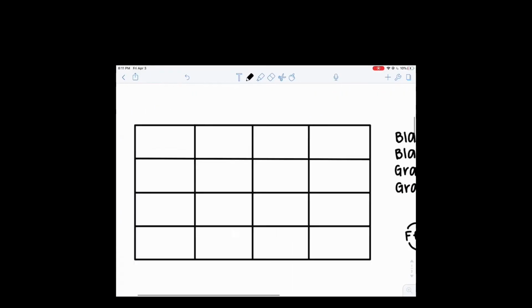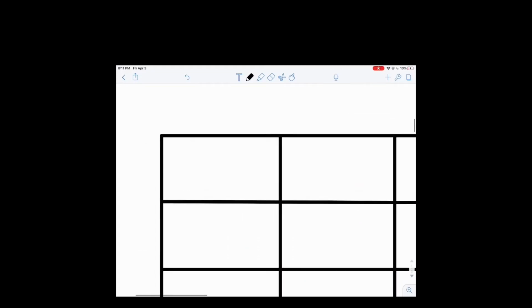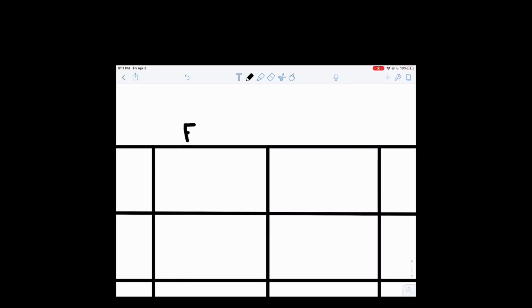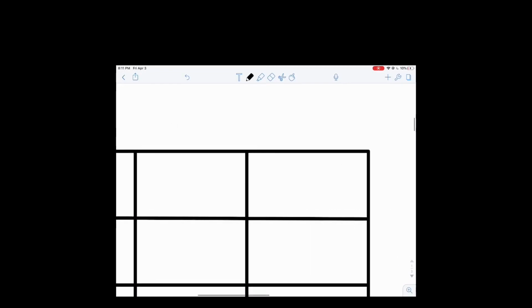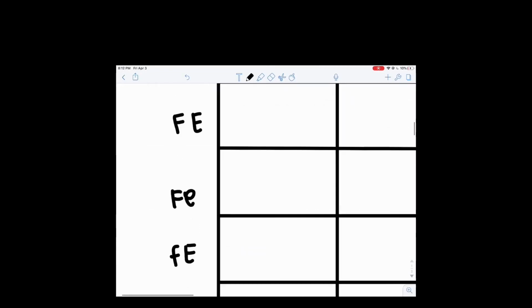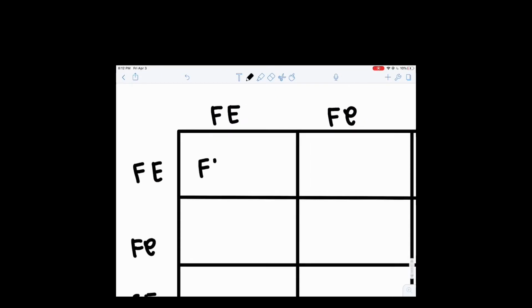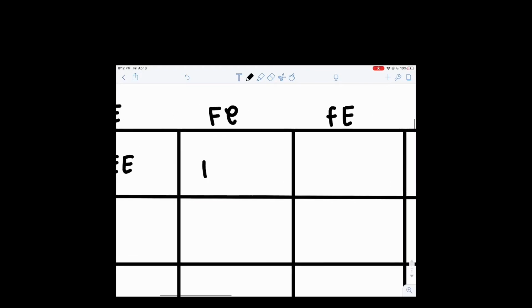So now that we know where the letters need to go, we can set up our Punnett square and our dihybrid cross. So now that our Punnett square is set up, we can start crossing the two genotypes of the cats.